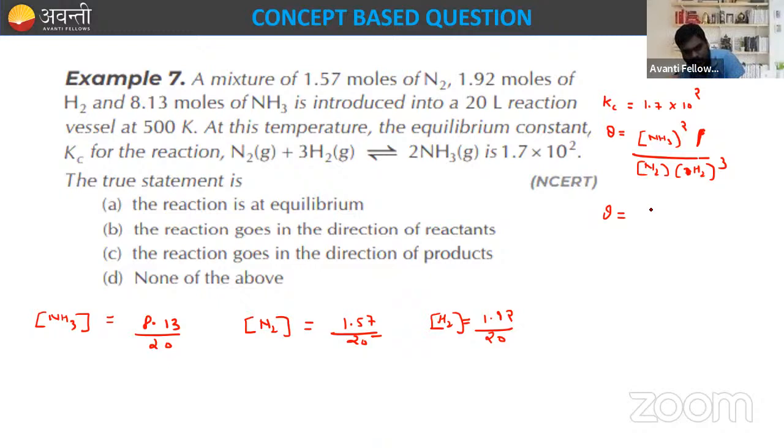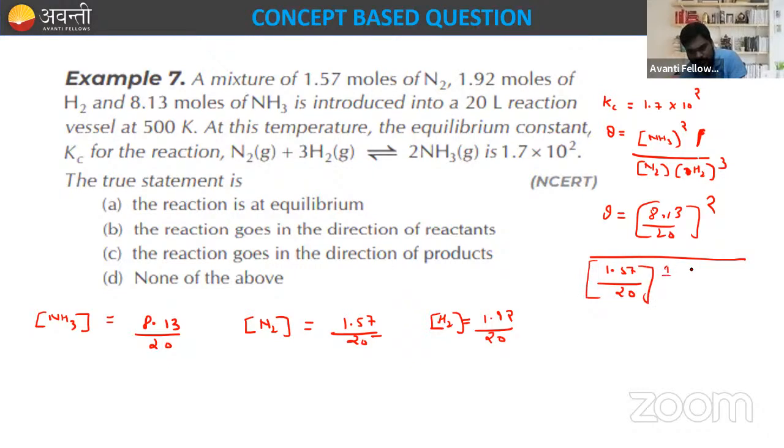So for NH3, we have 8.13 upon 20, raised to the power 2. For N2, we have 1.57 upon 20, raised to the power 1. And for this one, it comes out to be 1.92 upon 20, raised to the power 3.